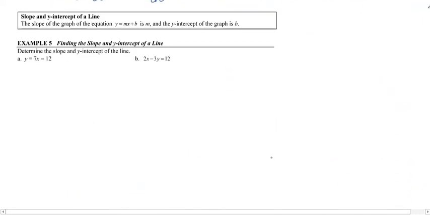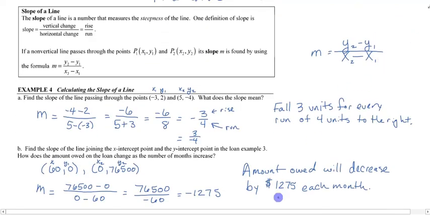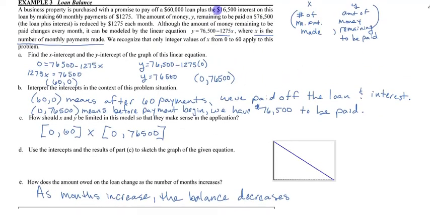All right, slope and y-intercept of a line. The slope of the graph of the equation y equals mx plus b is m, and the y-intercept of the graph is b. We saw that with the slope on the previous question. We have 1,275 when we found the slope between 2 points. The 2 points that we had were the intercepts. So it doesn't matter which 2 points you pick, but we specifically had those, so we use those, and the question asked for us to. And we see that slope right there.